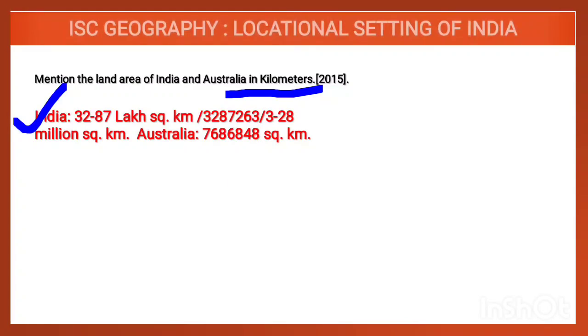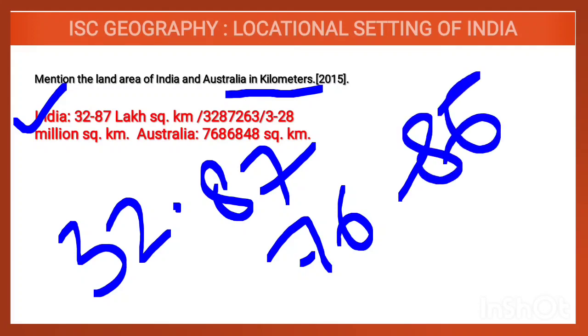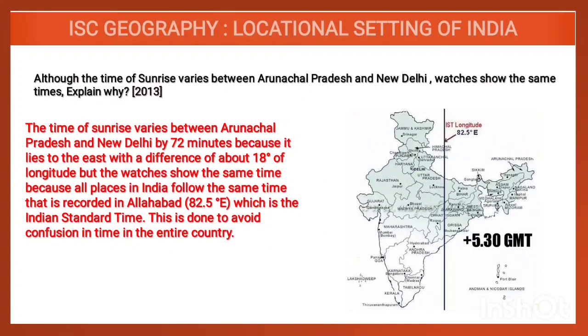So India's is 32.87, and in case of Australia, that is 77.86 million square kilometers.